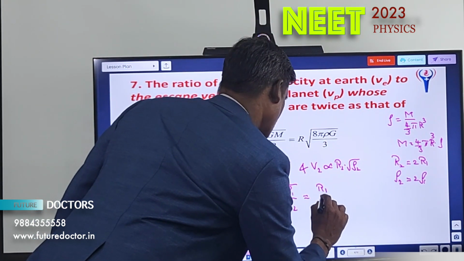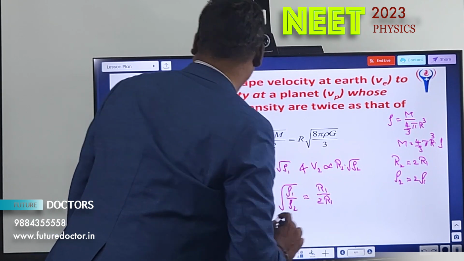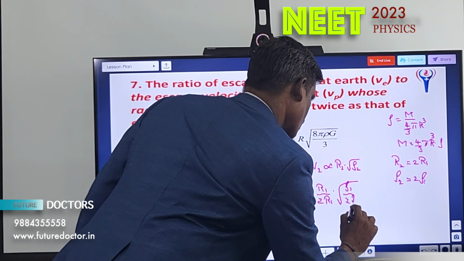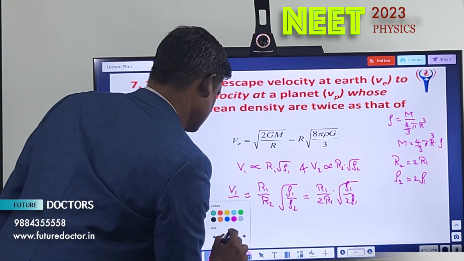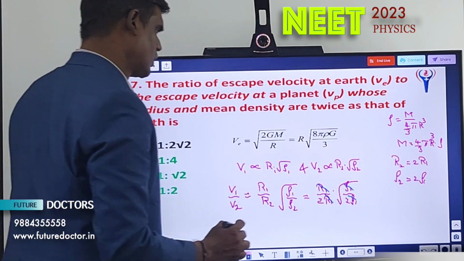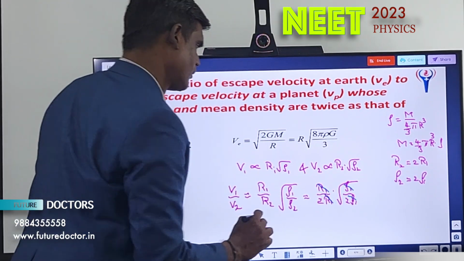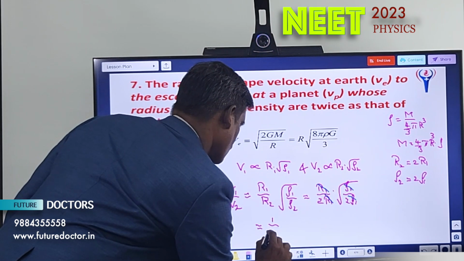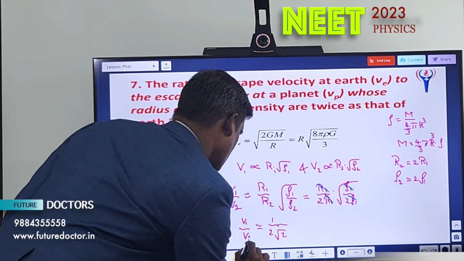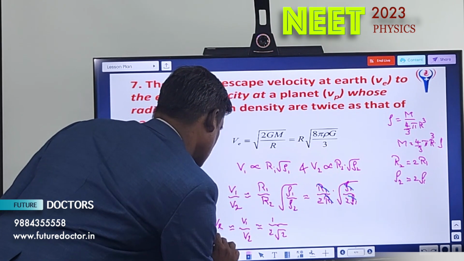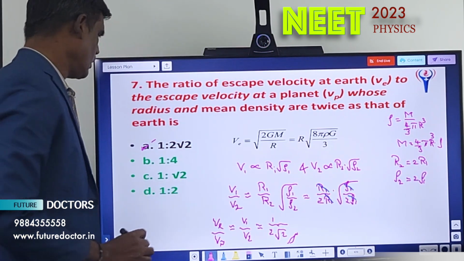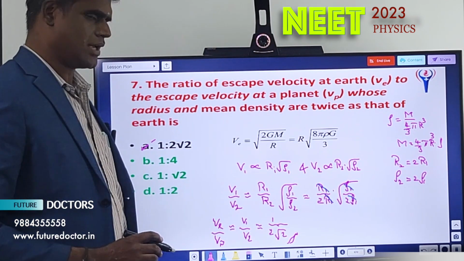So substitute R1 by 2R1 into square root of rho 1 by 2 rho 1. R1 and rho 1 get cancelled. Then what will you get? This is equal to the remaining thing, 1 by 2 root 2. That is only V1 by V2, or escape velocity of Earth by escape velocity of planet. That is option A. Option A, 1 by 2 root 2 is the answer.